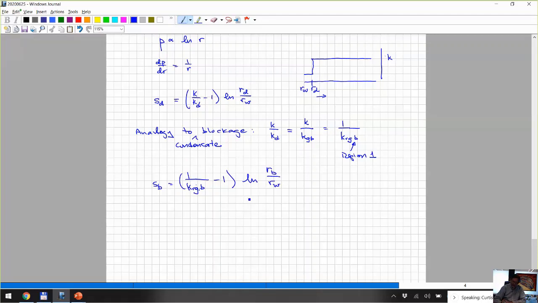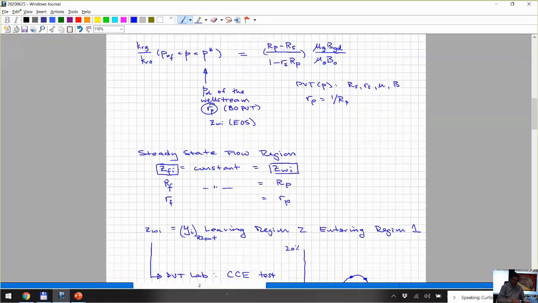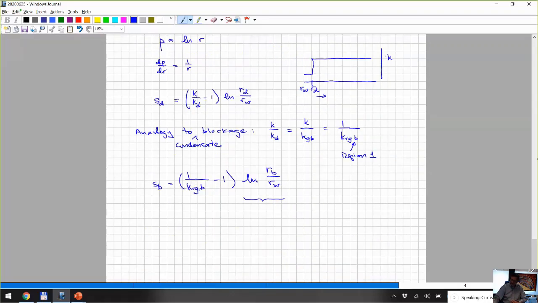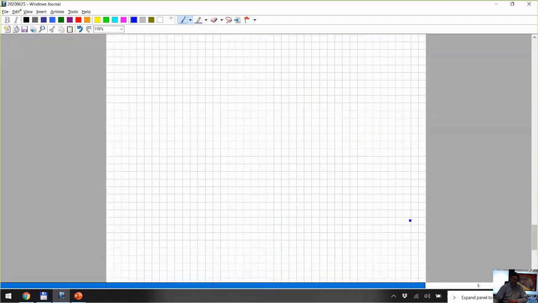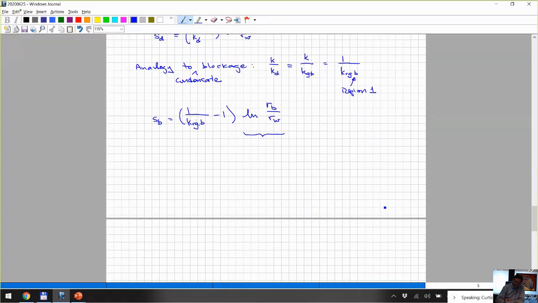But if you look at this term here, RW is what? That's about 0.25 feet.